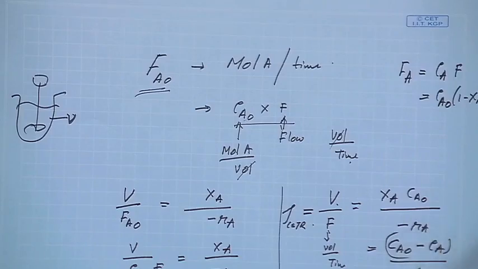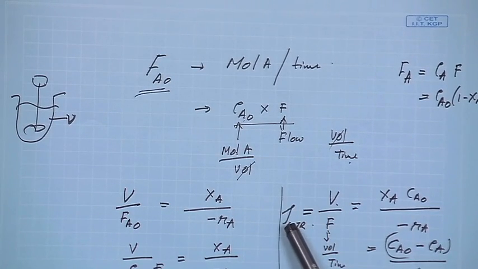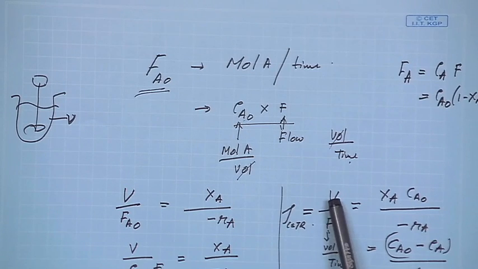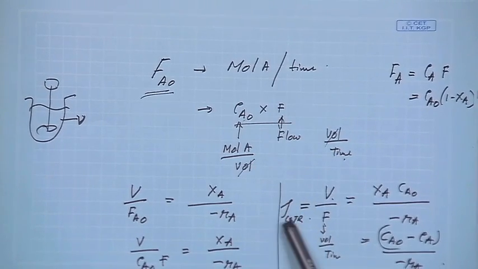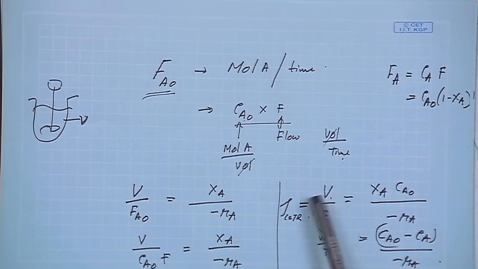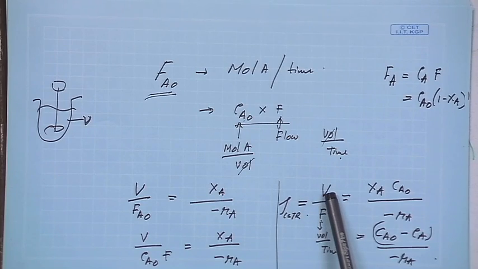Less time in the reactor means less reaction. That is very important. And our desirable thing is that the space time should be as small as possible, because it is directly proportional to the volume of the reactor. If the space time is less, then the volume of the reactor is less.